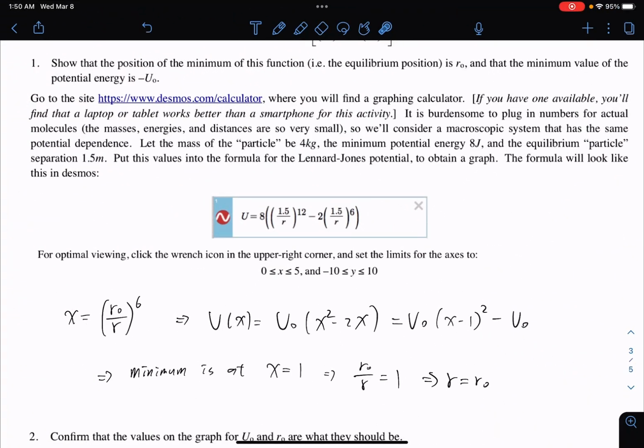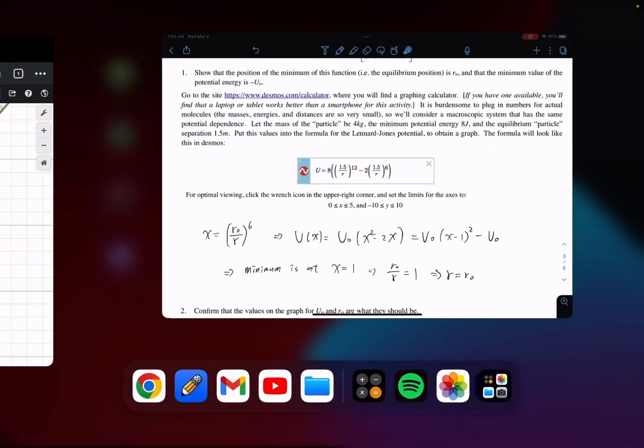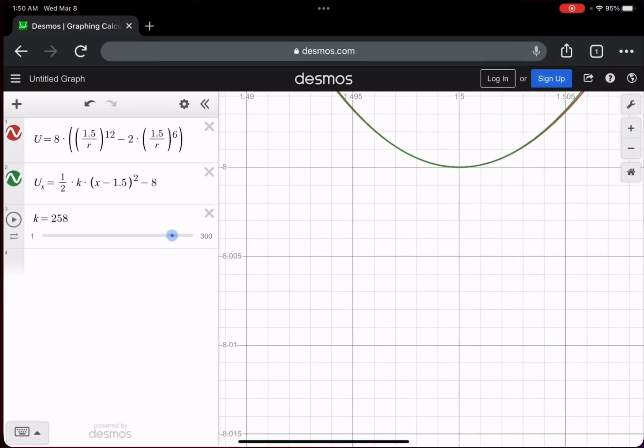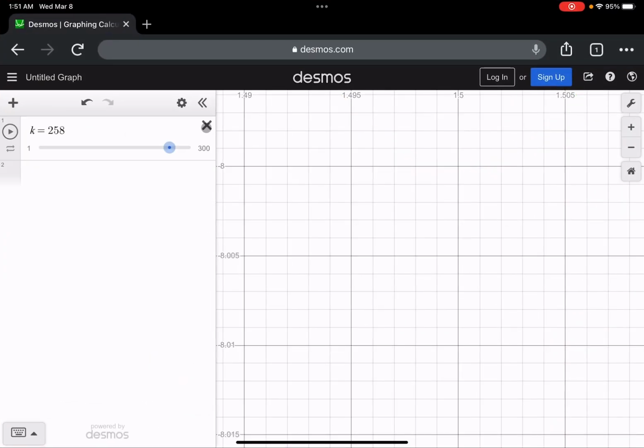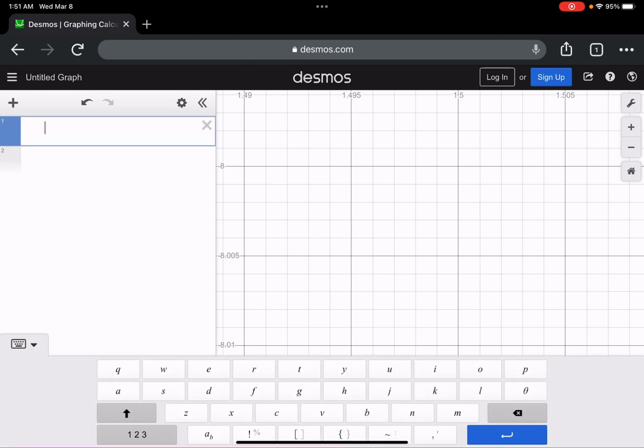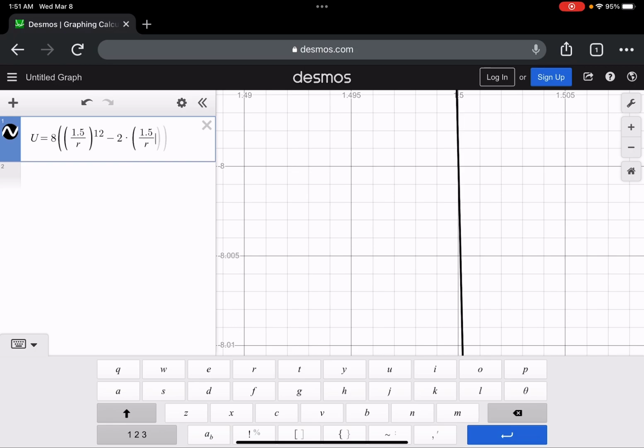So to go to Desmos, let's open your favorite browser and let me key the equation in again. We want to set u naught to be 8, r0 to be 1.5. We have the power of 12 and then minus 2 times the same stuff to the power of 6.